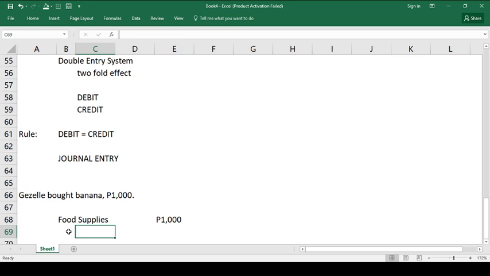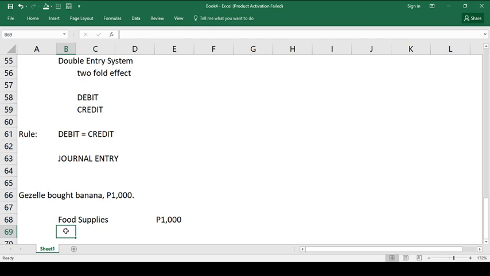Sir, from the journal entry, how can we say that this entry is the credit already? Take note ha, hindi po pwedeng maghiwalay si debit and credit, no? Naglalagyan mo ng space, credit na. Hindi po pwede yon. After writing all the debits, we need to write the credits.